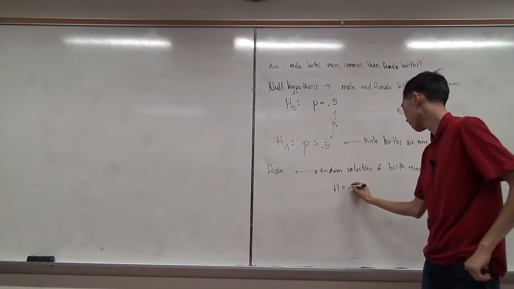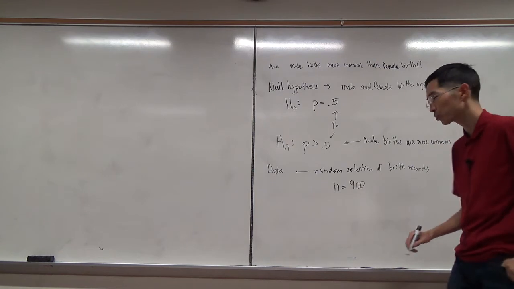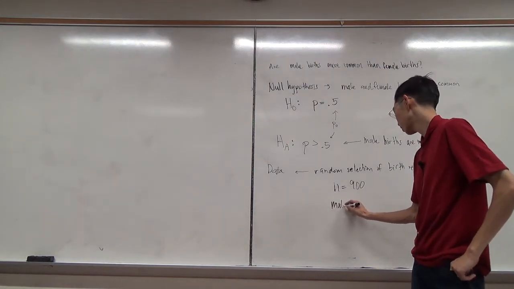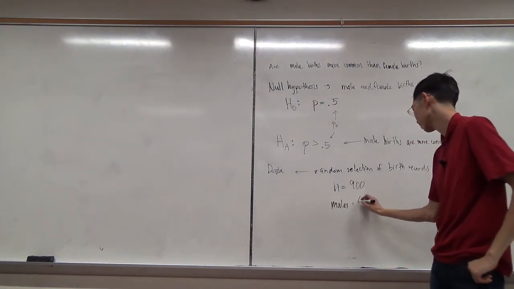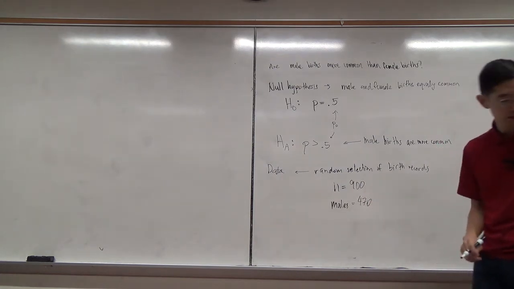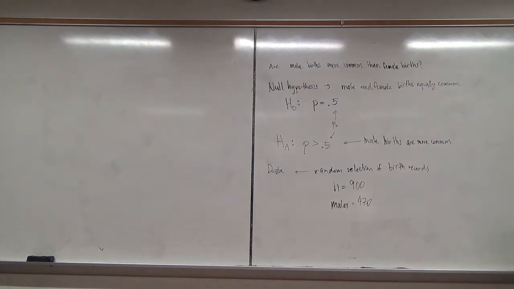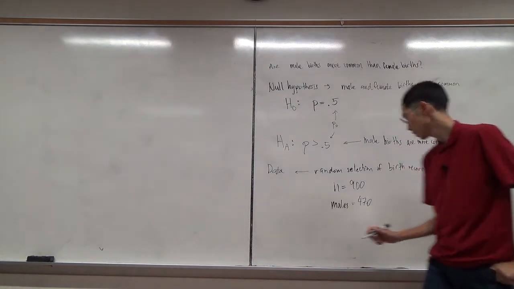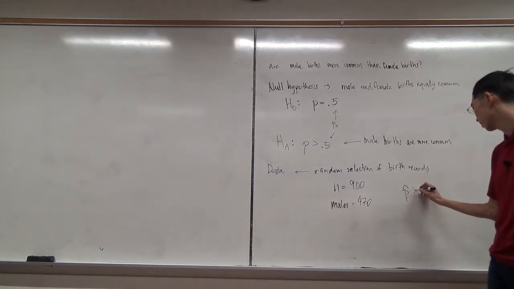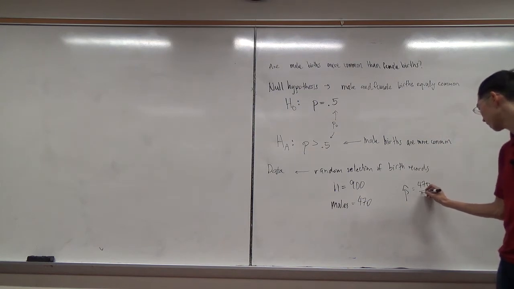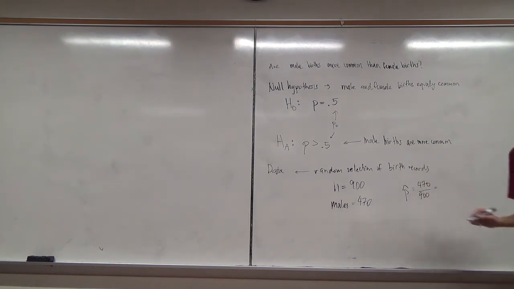So let's say we get 900 birth records, and the number of males is 470. Okay, so my p hat is what? 470 over 900. I'm getting 0.522.